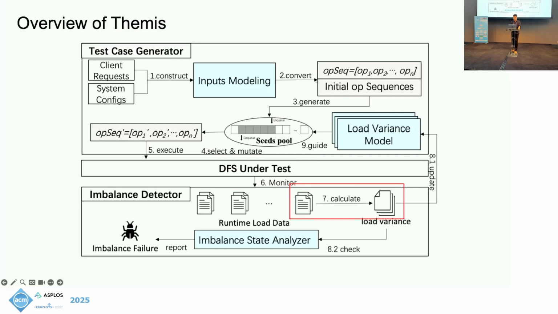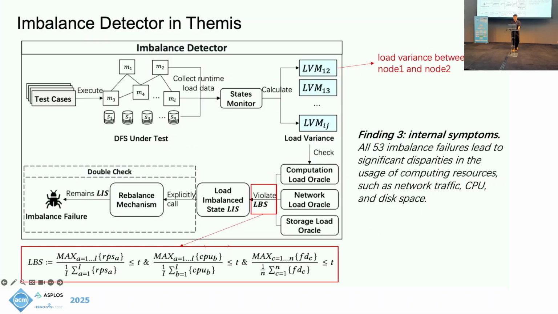The load variance between distributed nodes is calculated in real time to judge whether some bugs occur. The load variance model is updated accordingly based on the calculation results. Meanwhile, the imbalance detector identifies the imbalance states and reports the imbalance failures once they are detected.